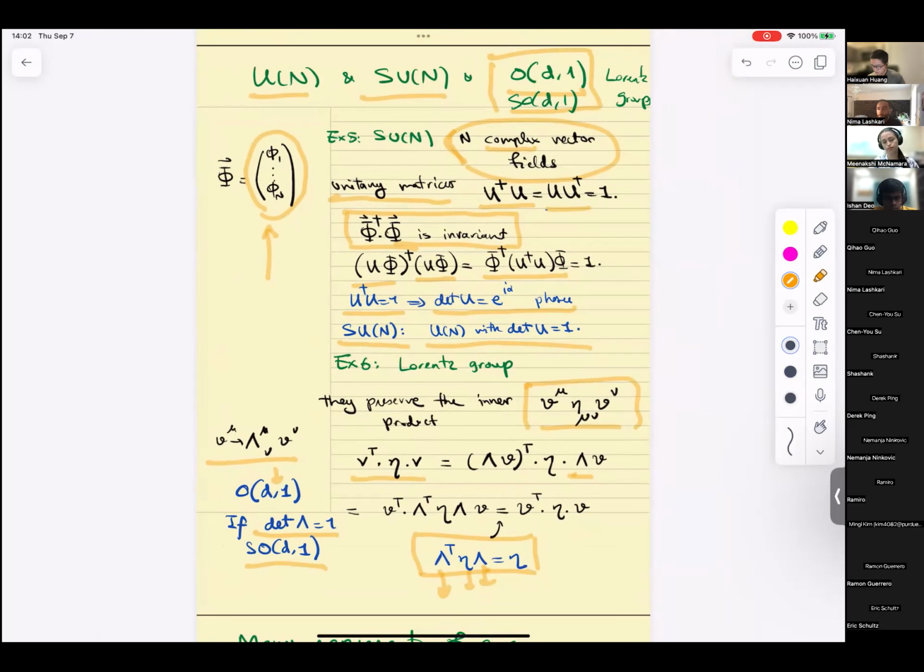Do we care about the orthogonal subgroup of the Lorentz group? We will get there. You're saying the cases where the matrices are in O(d,1) but not in SO(d,1). Yeah, we'll get there. The distinction between the two will become important. Okay. Any other questions?